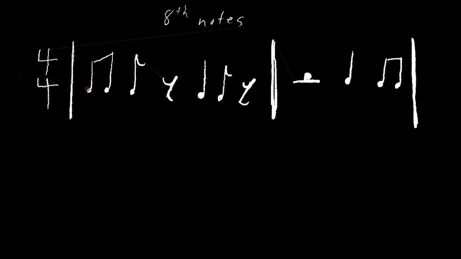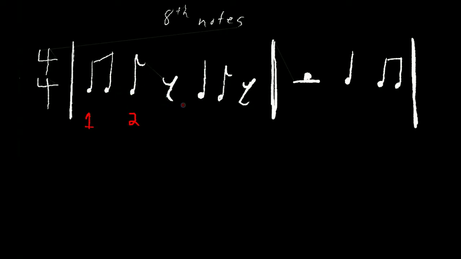So anyway, this eighth note right here, that is beat 1. Then we have an upbeat here, so we've got 1 and 2 on that eighth note, 2. 1 and 2 and 3. 3 would happen on this quarter note because 2 eighth notes equal 1 beat, and then we've got an eighth note here and an eighth rest.